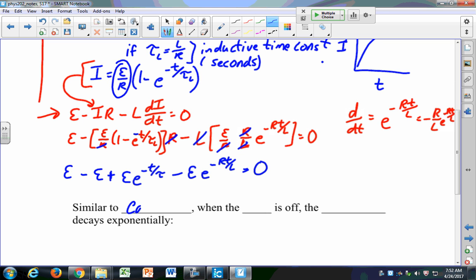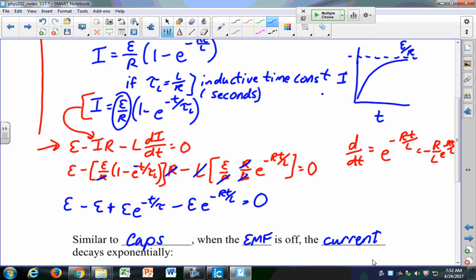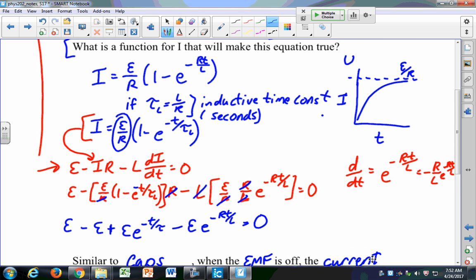So similar to capacitors, when the EMF is off, the current decays exponentially. So this graph that I show up here, this is when the current is on. That's just like it was for capacitors. The function looks exactly the same.